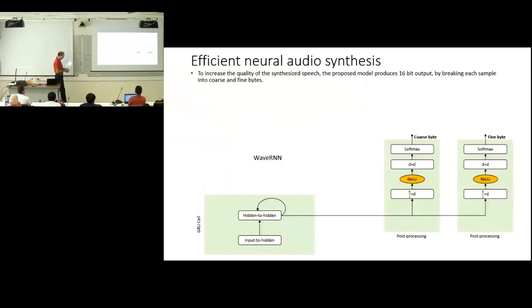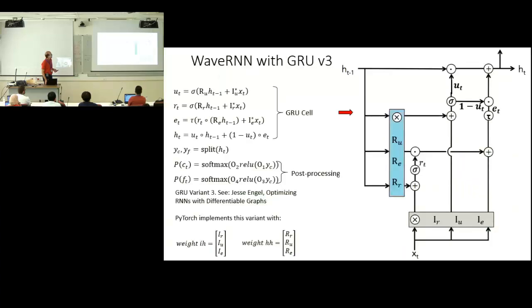The architecture which is used here is a GRU layer, at least that was proposed in the paper. In the paper it was GRU variant 3, which is described in this paper here, and it is this variant which is implemented in PyTorch. And also we have some masks in the input.